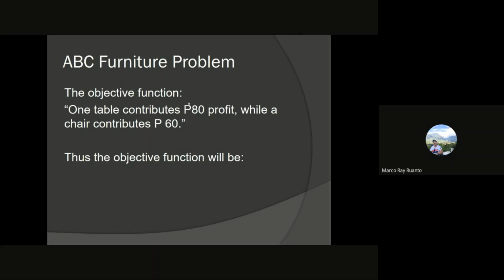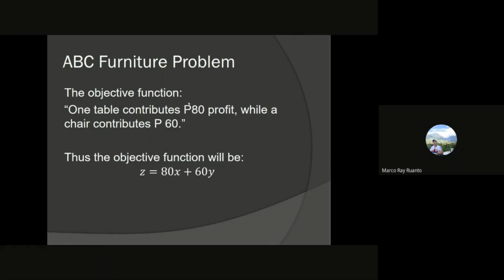So we can define our objective function as z equals 80 times the number of tables plus 60 times the number of chairs. So that is our objective function.